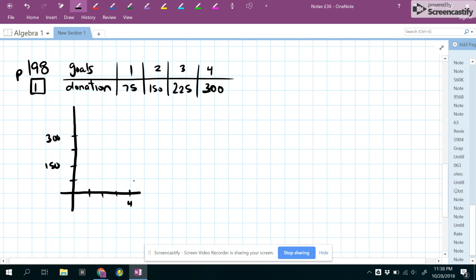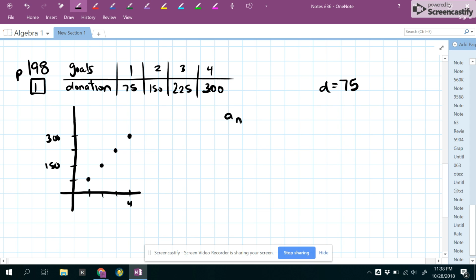So I picked a nice scale. I'm using ones on the bottom and 75s on the side. So it basically looks like the same graph as before, and it still looks linear. Since it looks linear, we just need to find the common difference. And I hope you recognize that the common difference is 75.